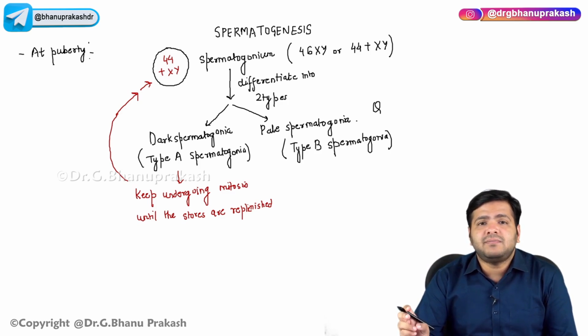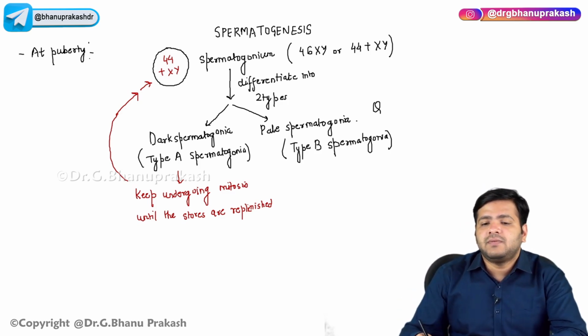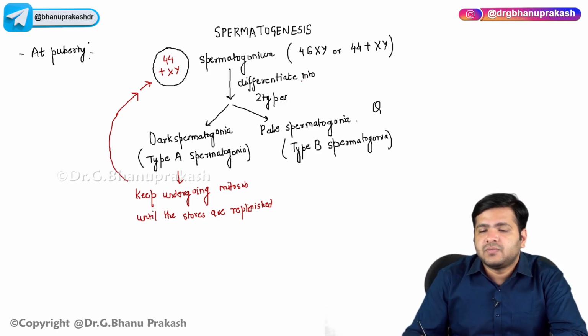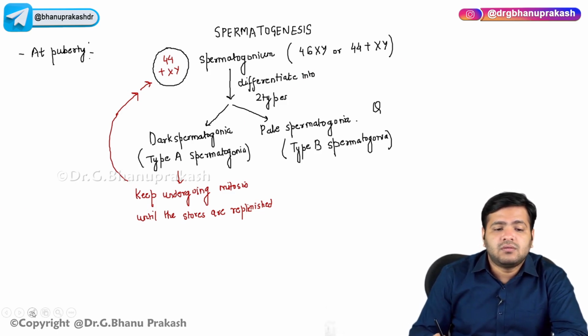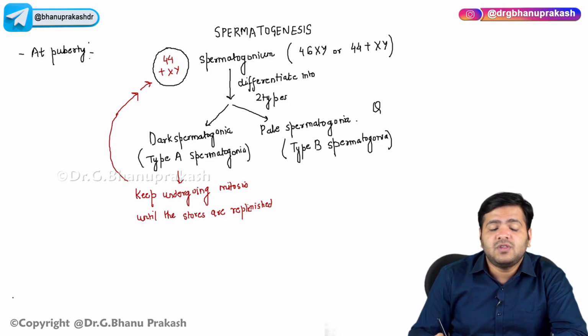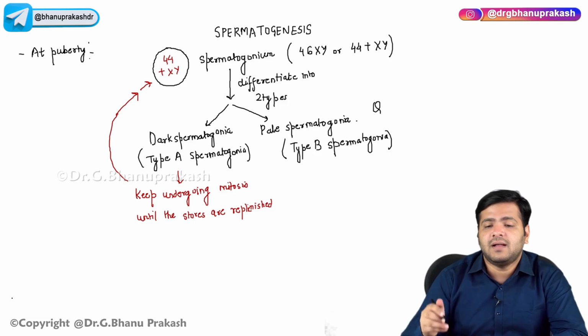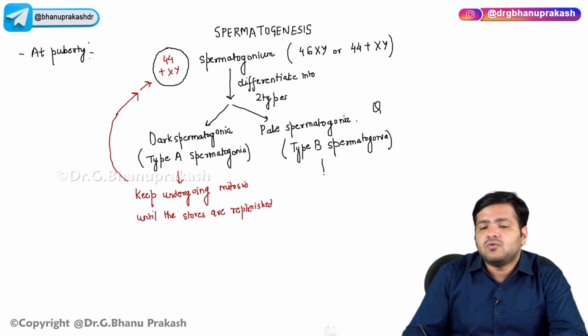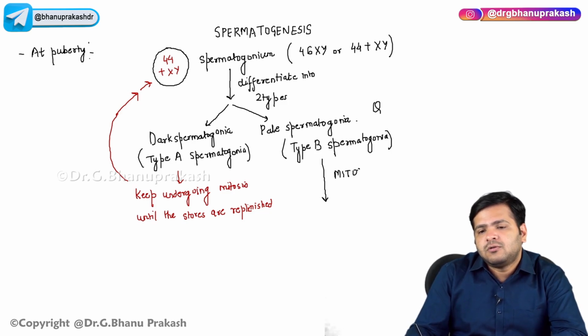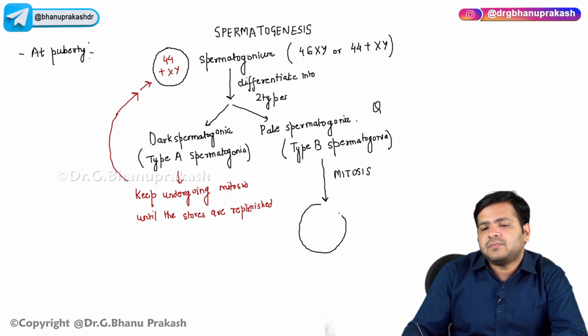Sorry, the question was which one will undergo mitosis to form the primary spermatocyte. Type B spermatogonia will undergo mitosis to form the primary spermatocyte.